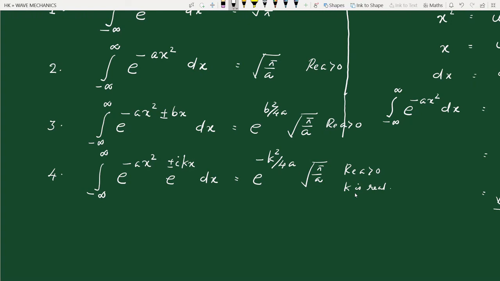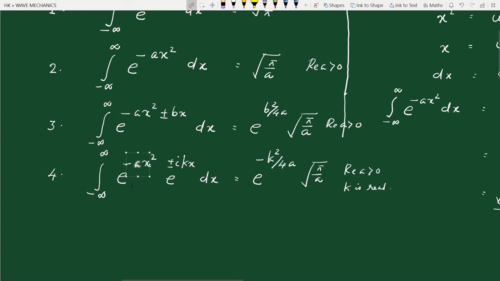There is something important in this result, because when you look at the left hand side, what is this integral? This integral is nothing but e raised to minus ax square e raised to plus or minus ikx dx. This is nothing but the Fourier transform of e raised to minus ax square.